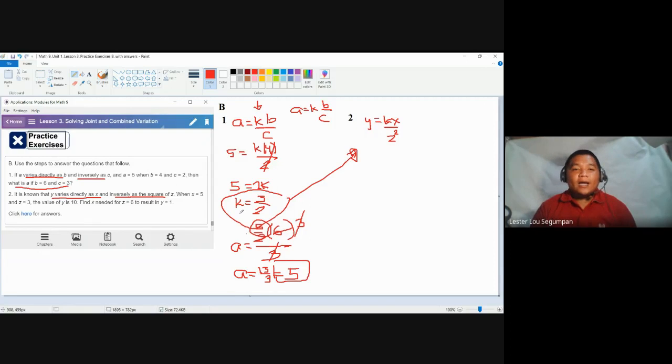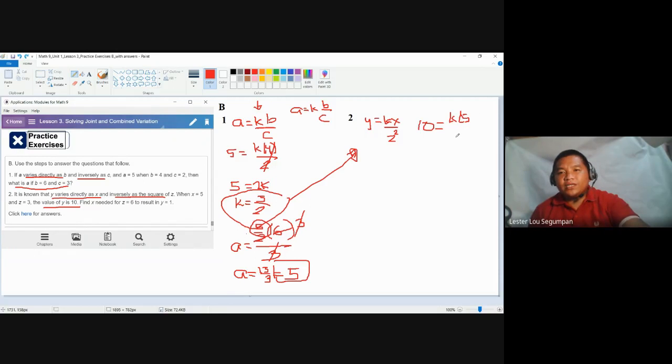Observably, by the given, we have different letters, so we cannot use the same K. Instead, let us solve K for number 2 using the situation when x is 5 and the value of y is 10. So y is 10 if x is 5.